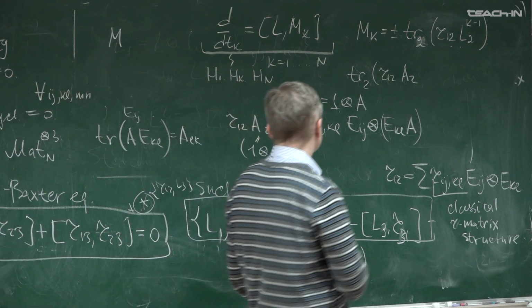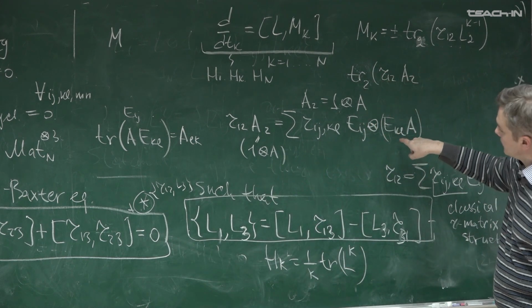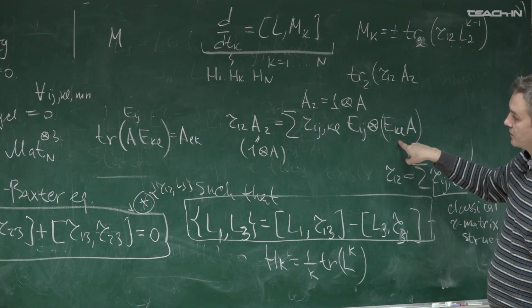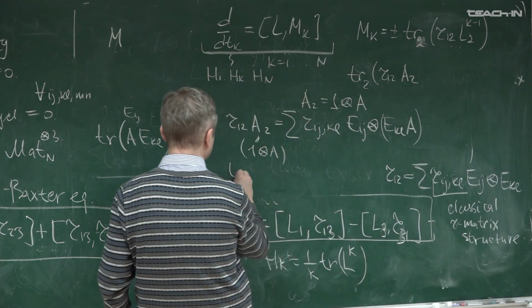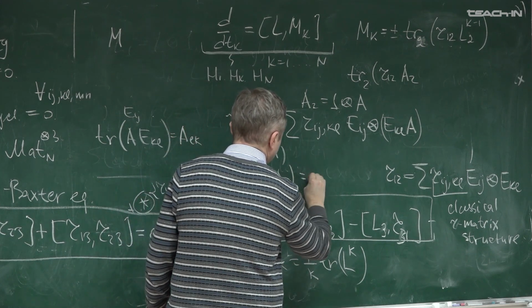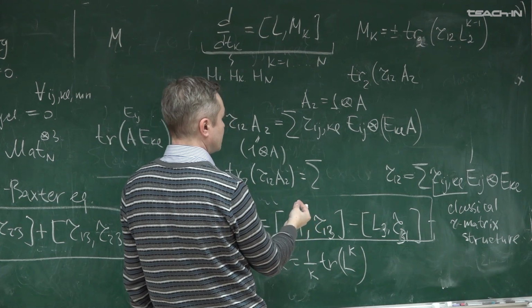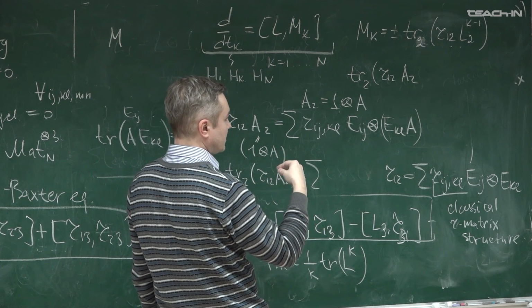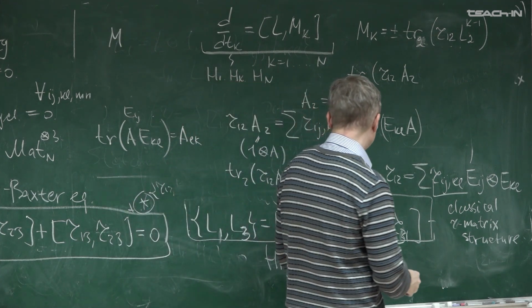So if we compute here the trace over the second component of this expression, then what do we get? We get a matrix which belongs not to the second tensor power of matrix space, but just to the ordinary matrix space.